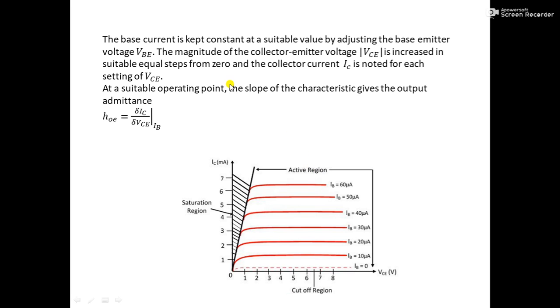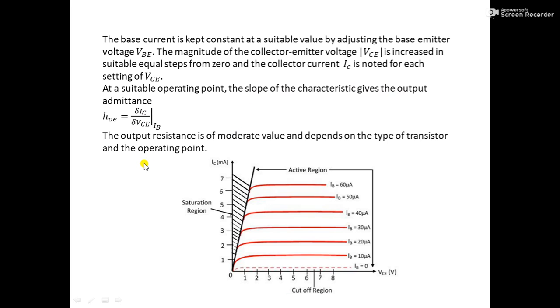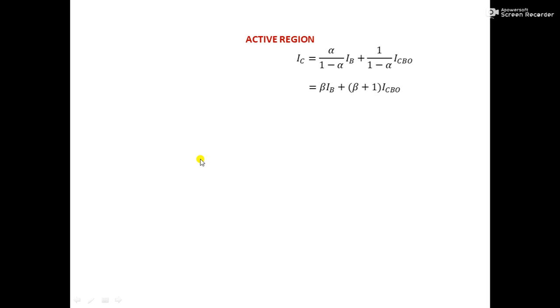At a suitable operating point, the slope of the characteristic gives the output admittance hoe, which is delta IC by delta VCE. The output resistance is of moderate value and depends on the type of transistor and the operating point.